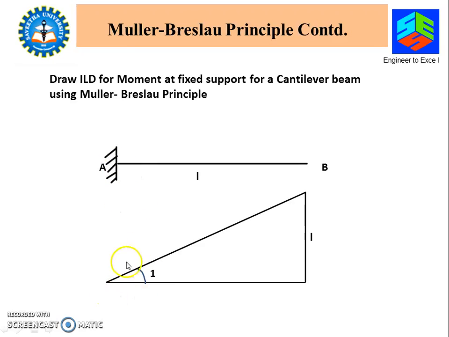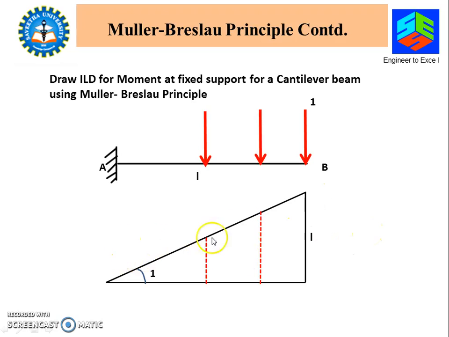So this will rotate by 1 and it goes like this. Since the rotation theta is 1 and the span is L, you will get this ordinate also as L, so that tan theta, or L by L, is equal to 1, and you will get a shape like this.